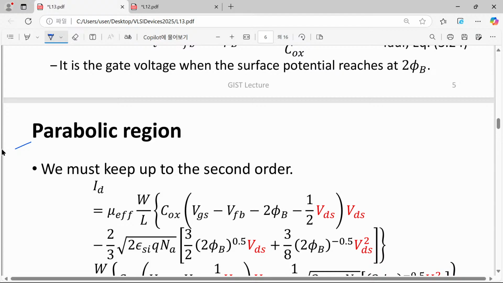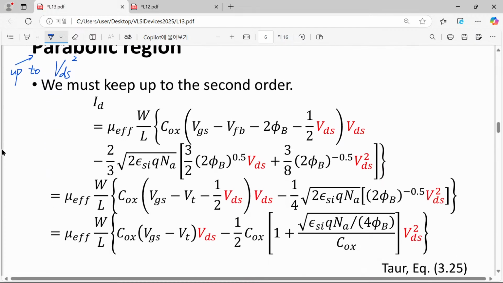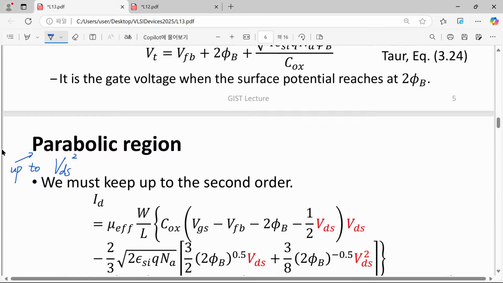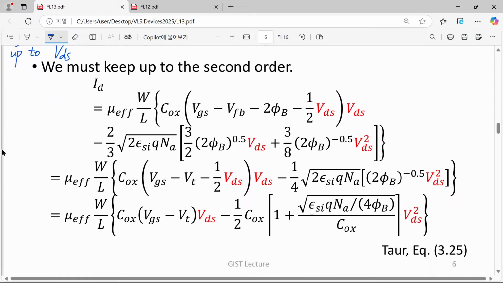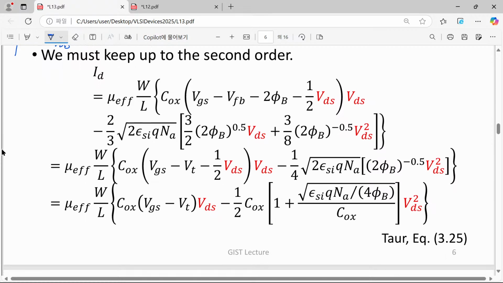In this case, we expand our equations up to second order of VDS. Of course this linear expression can be written as a subset of this parabolic expression. So you can find this relatively long expression.